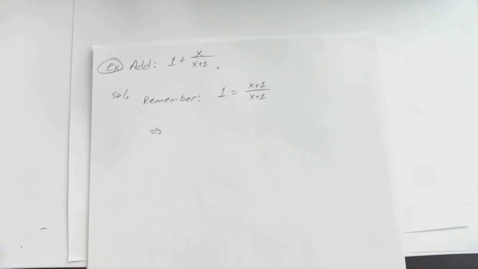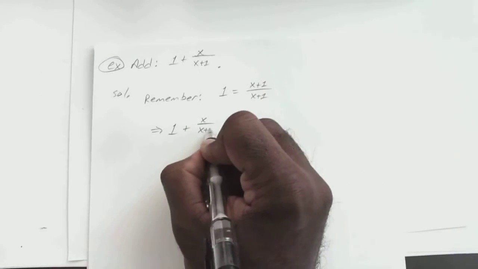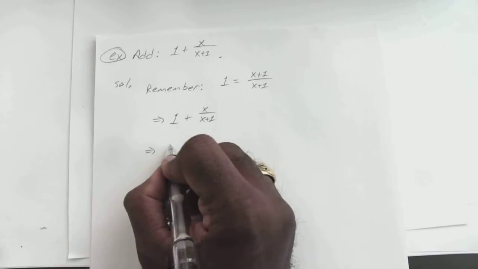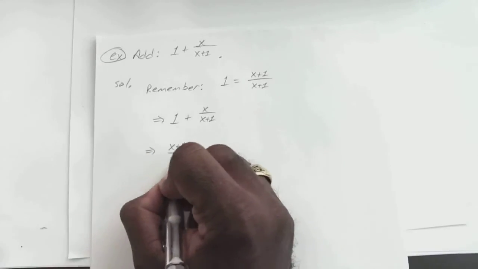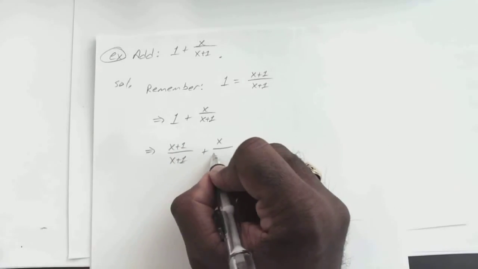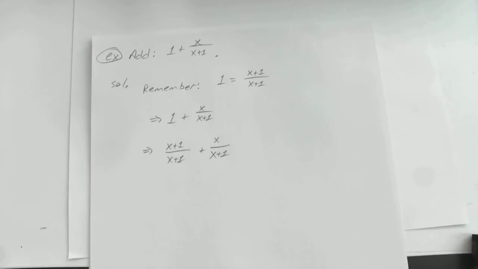So that means 1 plus x over x plus 1 will become x plus 1 over x plus 1 plus x over x plus 1. Let's clean that up a little bit. There we go.